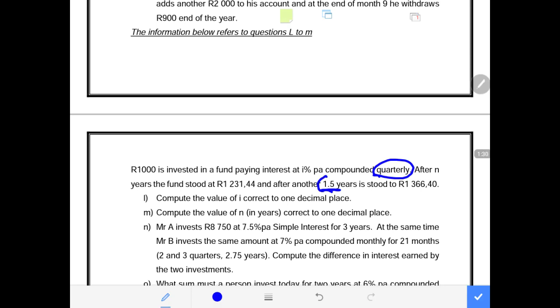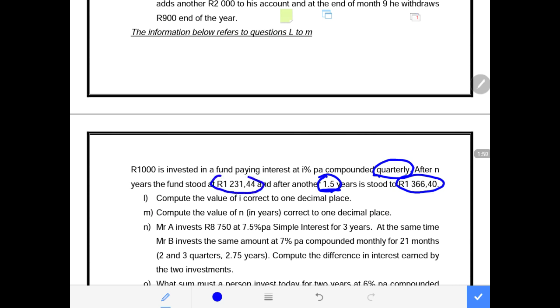So this is what we know. We know that there is 1.5, which is the number of years for the second portion of the investment, and we know that the future value is 1,366.40, which comes from the previous present value.